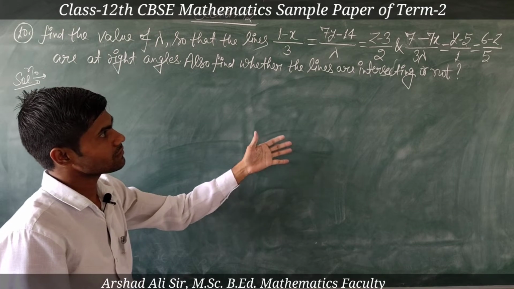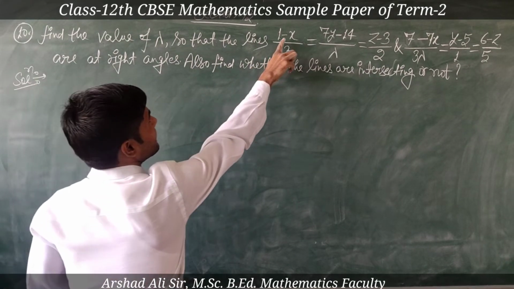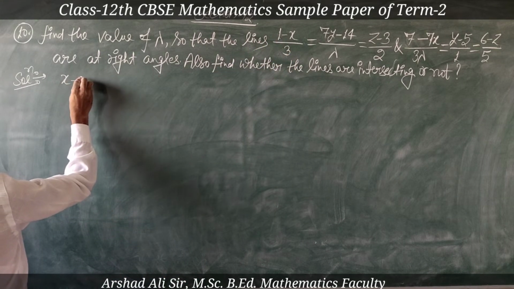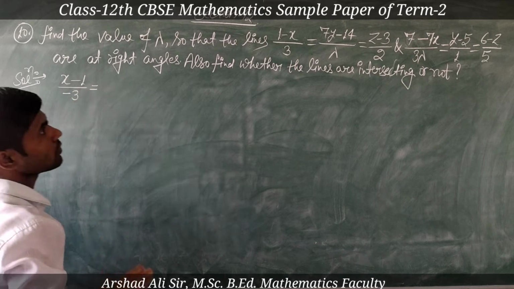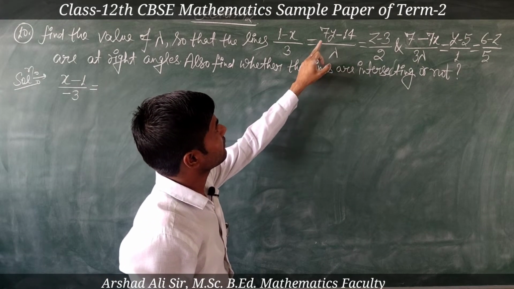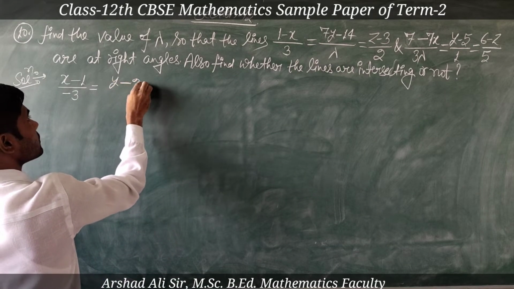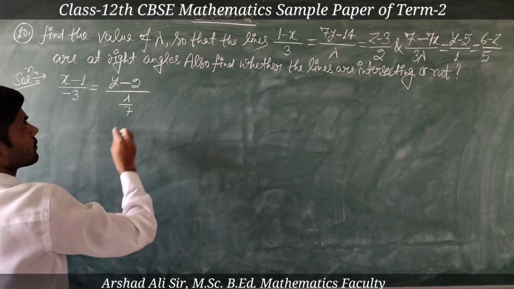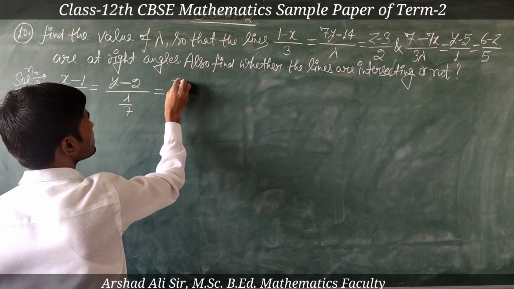So first thing is we will write them in the standard form. So we can take the negative sign as common. So here we get (x minus 1) upon minus 3 is equal to, and in the second term we can divide by 7, so it will be (y minus 2) upon (lambda upon 7) is equal to (z minus 3) upon 2. It is correct.